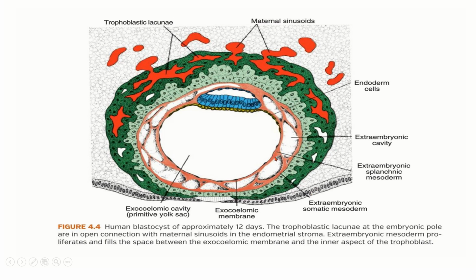This particular part of the extraembryonic mesoderm, which is lining the primary yolk sac, is the splanchnic part, whereas the part of the mesoderm lining the trophoblast as well as the amnion is the somatopleuric layer. Between the splanchnic layer and the somatopleuric layer, small cavities form, and ultimately the goal is to form the extraembryonic coelom.